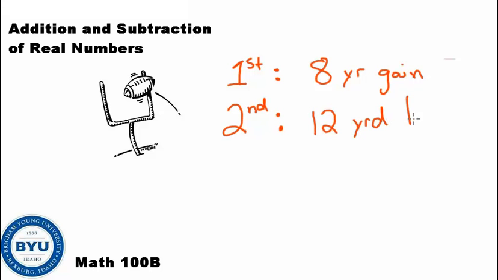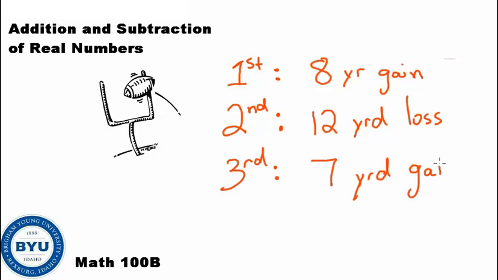A 12-yard loss. Then on third down, they do a pass and get a 7-yard gain. And then on fourth down, they decide to go for it and get another 6-yard gain. The question is, what would be the total yards gained or lost in these four plays?